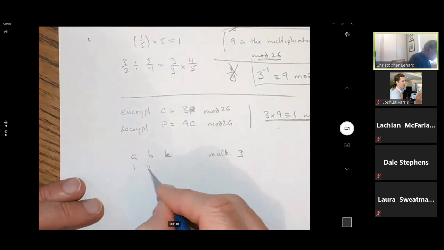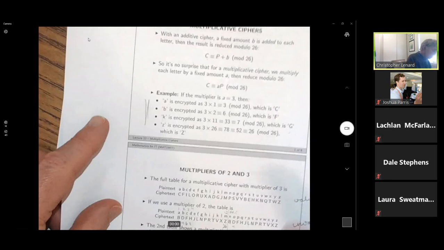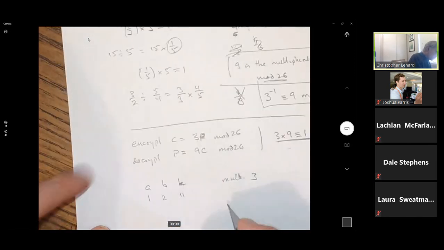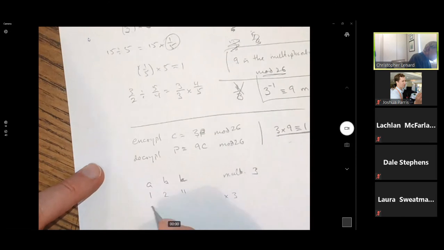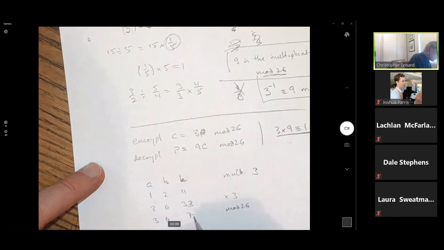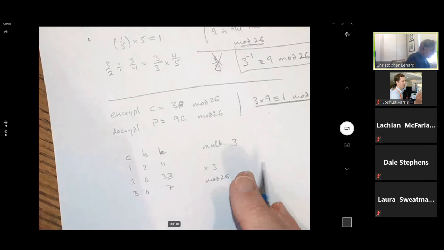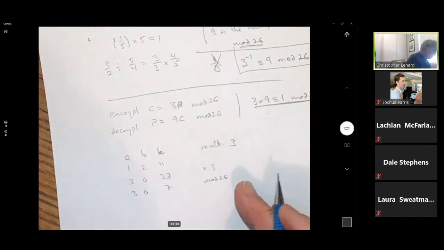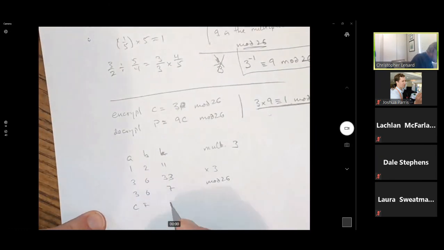So A is 1, B is 2, K is 11. We multiply by 3, we get 3, 6, 33. Reduce mod 26 gives us 3, 6, 7, and that gets turned into C, F, G.